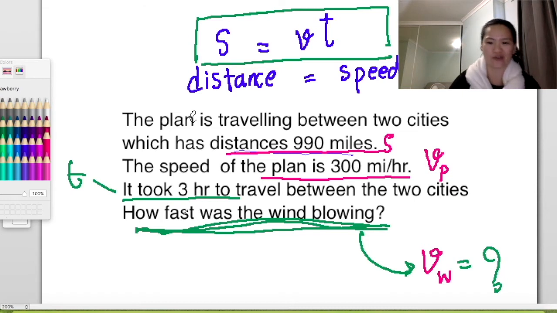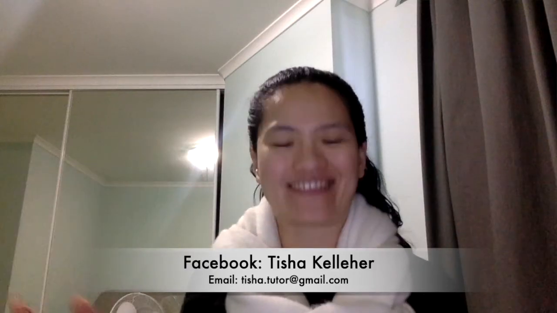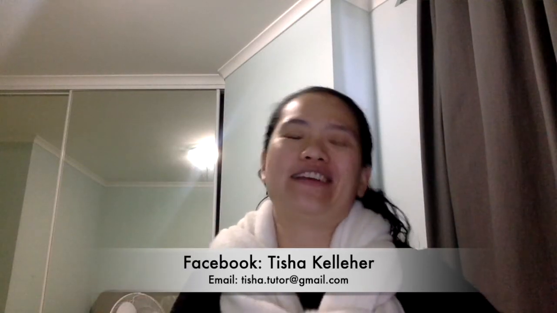VW, distance S. What is the speed of the plane? VP. The time is T. Then try to draw the picture, make it like a model, come back to the formula, substitute every figure that you know, find the answer, and write the answer properly. And that's it. Now we finish this question.